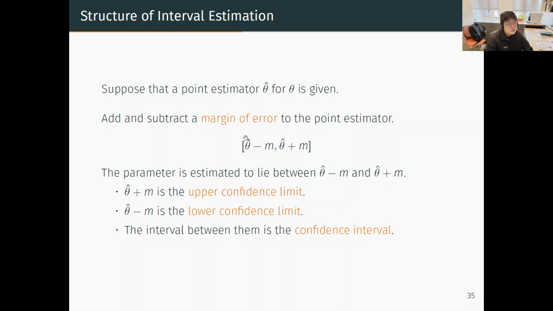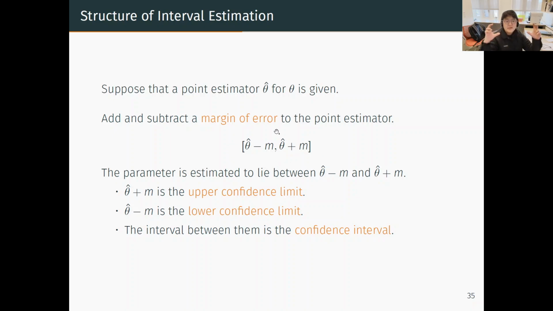That gives you an interval from theta hat minus m, where m is the margin, to theta hat plus m. This bracket means an interval, starting from here to this point, with the end points.